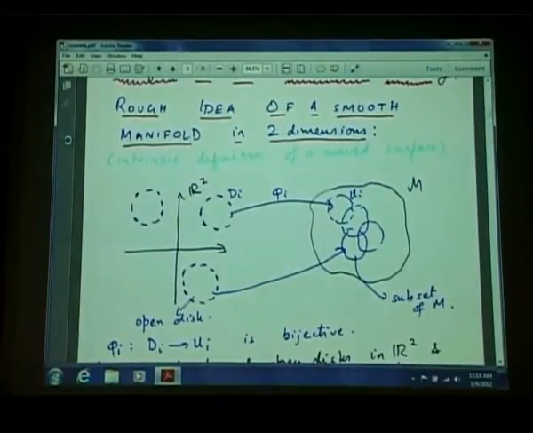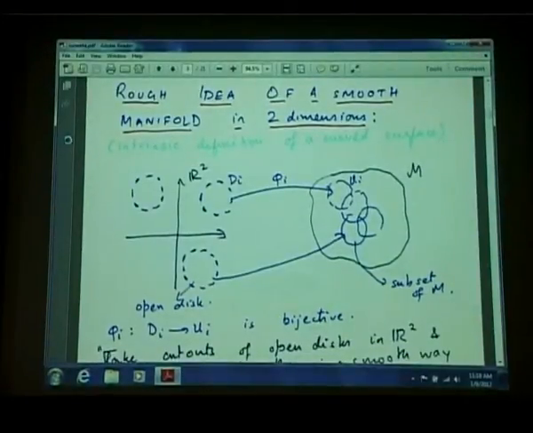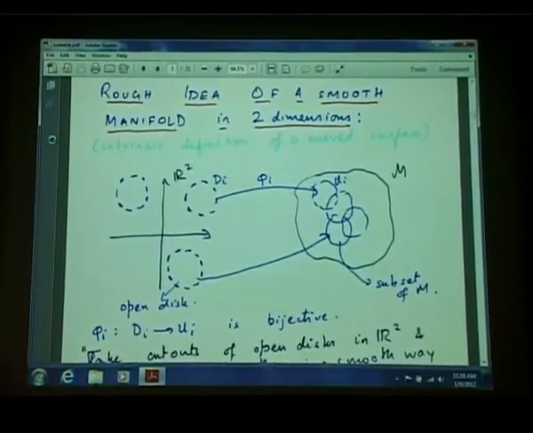But because there are undergrad students, I just want to give you a rough idea. This is not a rigorous definition. There's no time for that, but here's a rough idea of what a smooth manifold is in 2 dimensions. A smooth manifold is a description of a curved space. So in 2 dimensions, it's a nice intrinsic definition of a curved surface.